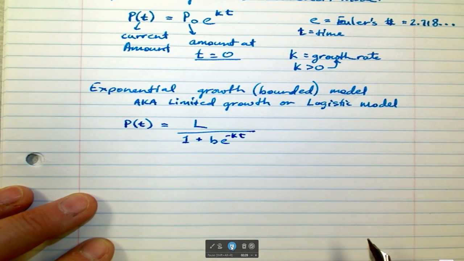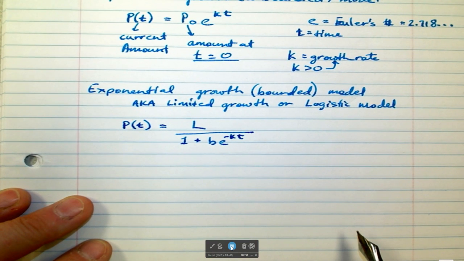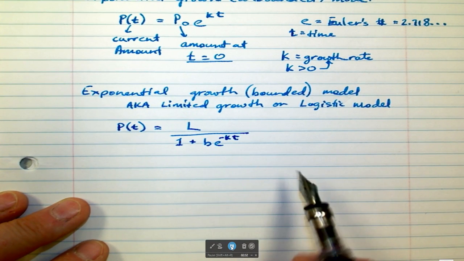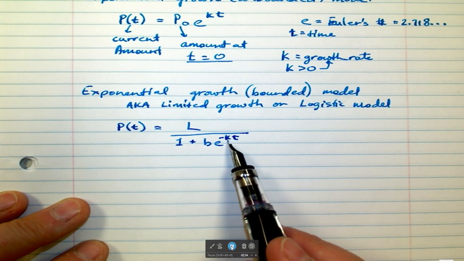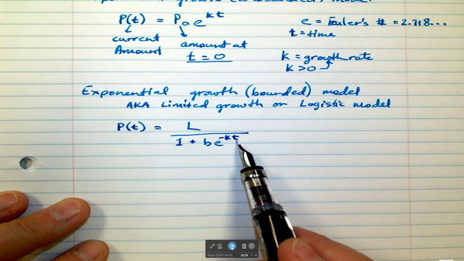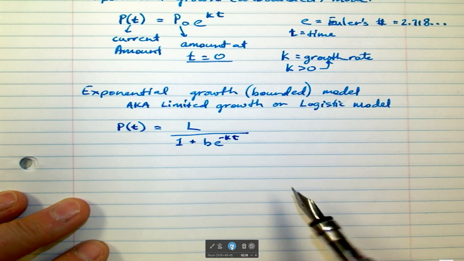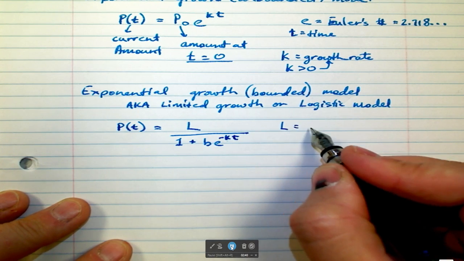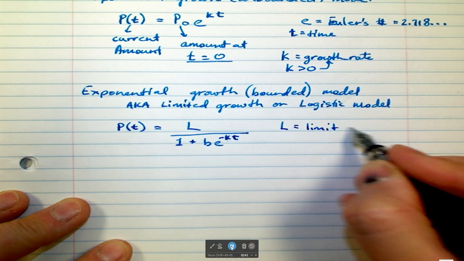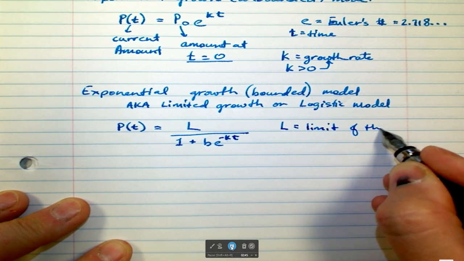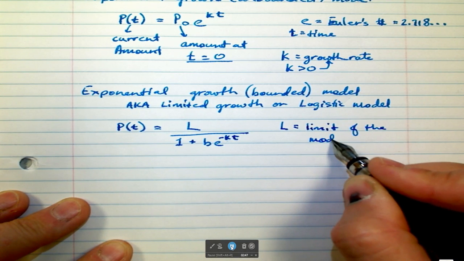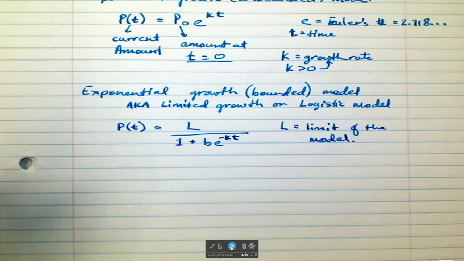Now, the big thing for anything we do with limited growth, you'll be given these constants. K is our growth rate, t is still time, e is still Euler's number, L is the limit of the model, and B is just a base. It's going to be a constant that's based on the problem at hand, but L is the limit of the model.